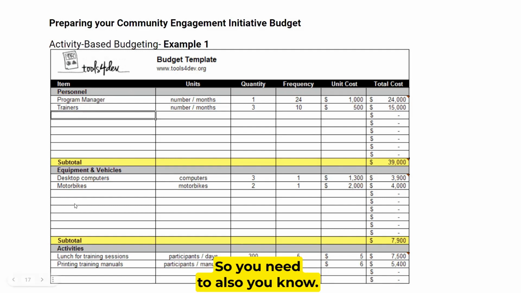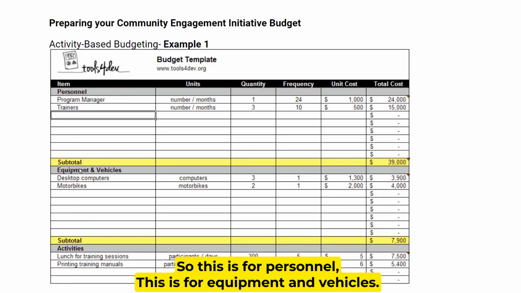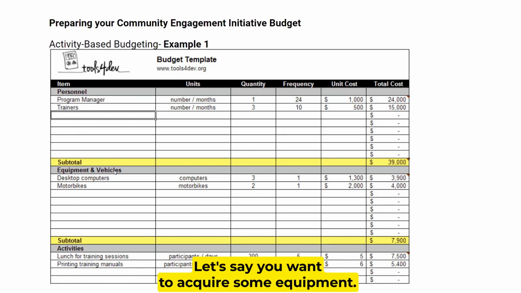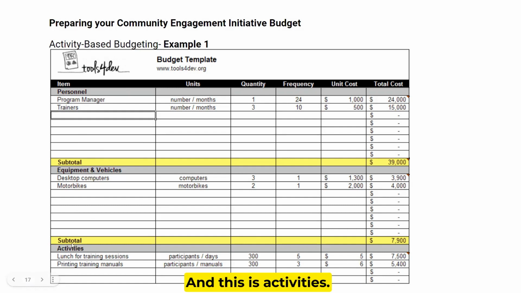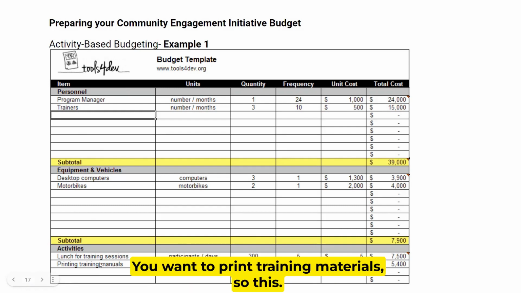So you need to also write everything you are going to be needing. So this is for personnel, this is for equipment and vehicles. Let's say you want to acquire some equipment, and this is activities. Let's say you want to provide lunch for training sessions, you want to print training materials.